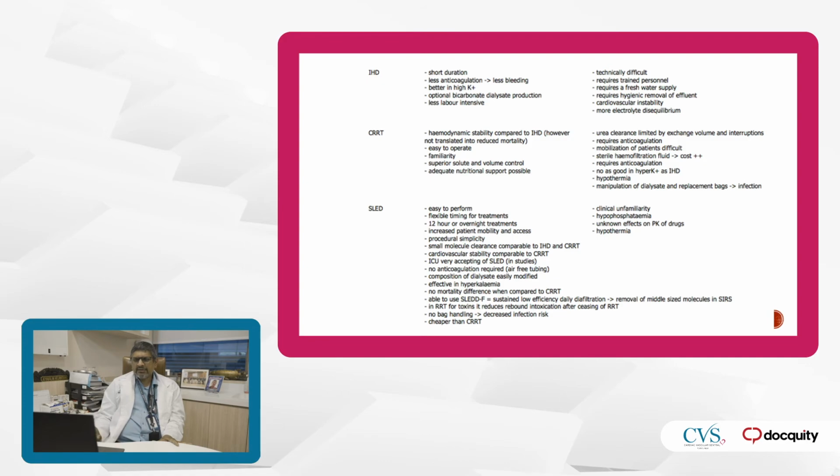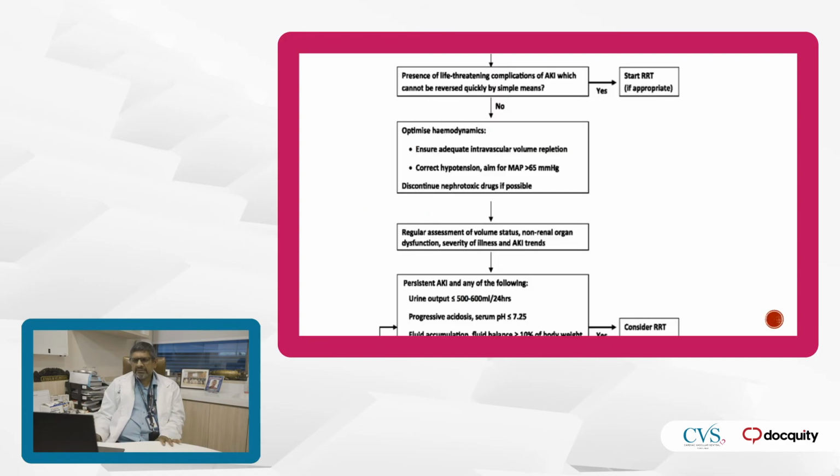If the patient has none of these, then we optimize the hemodynamics, ensure adequate intravascular volume repletion, correct hypotension, discontinue nephrotoxic drugs, and then assess the patient. But if the AKI persists, if acidosis starts developing or the potassium goes up, or the fluid congestion does not respond to diuretics, then we consider renal replacement therapy.